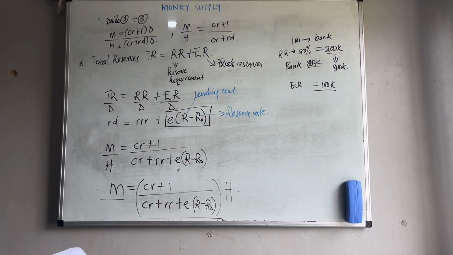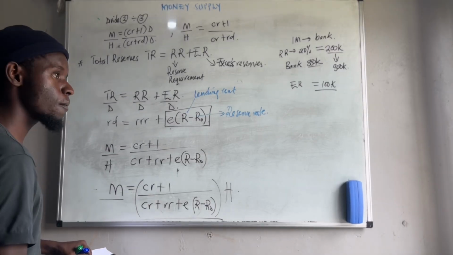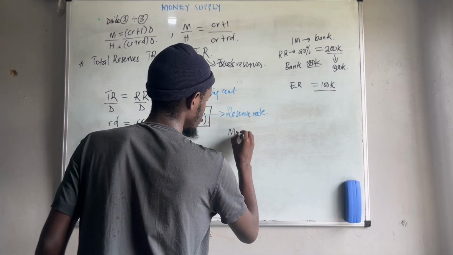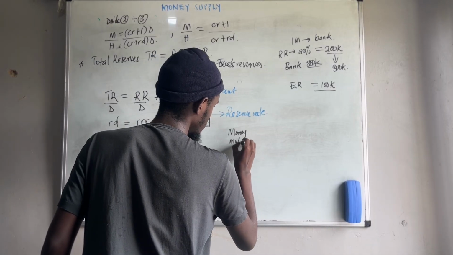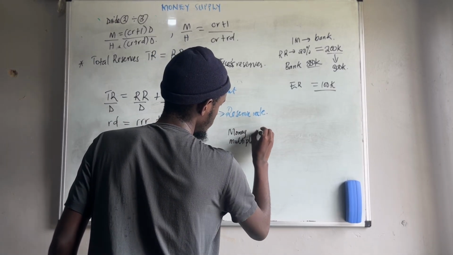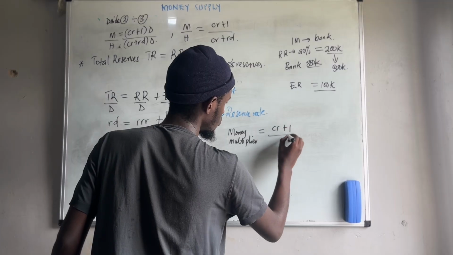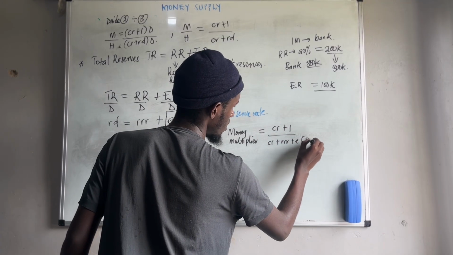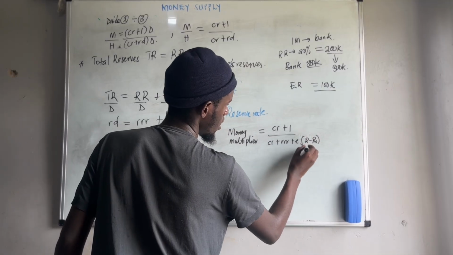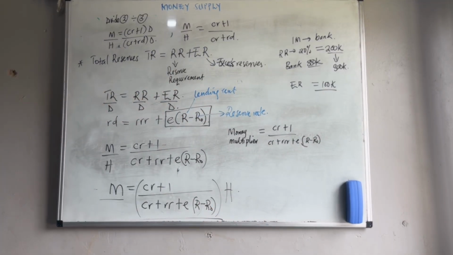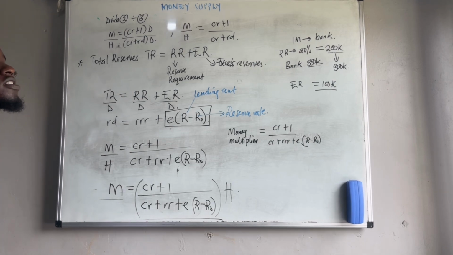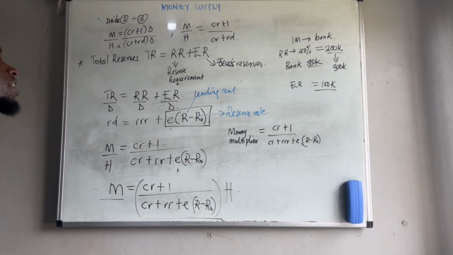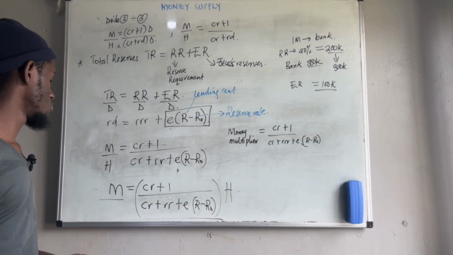And from here, our money multiplier is going to be CR plus 1 out of CR plus RR plus E in terms of R minus R naught, where CR is the currency deposit ratio, RR is the reserve requirement deposit ratio, and E into R minus R naught is the excess reserve deposit ratio.